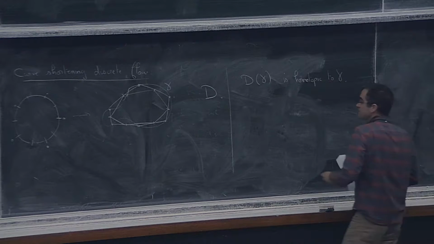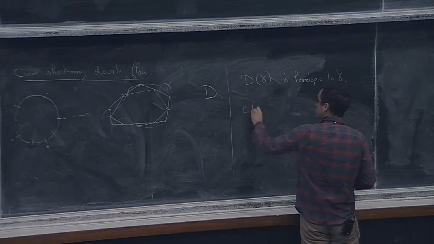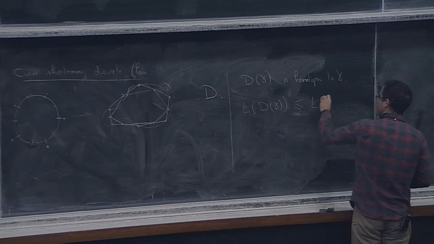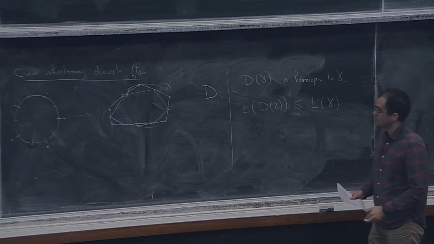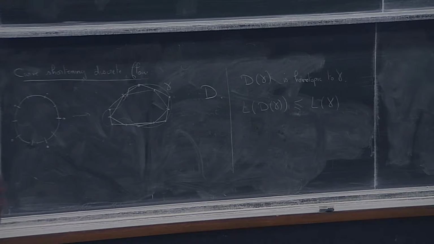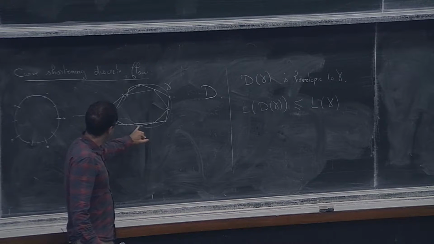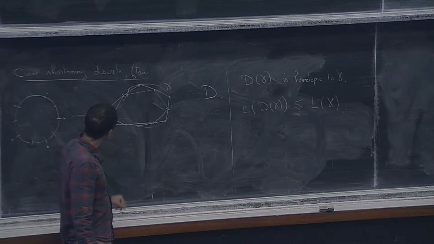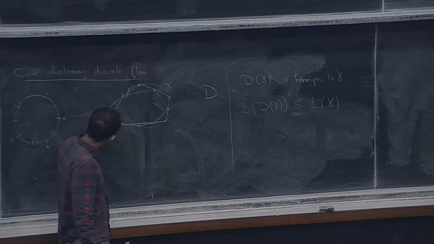The second point is that if you look at the length of D of gamma, it's less than the length of gamma. Because at each time you replace a curve by a geodesic, a shortest geodesic between 2 points. So this geodesic has length less than this one, and this geodesic has length less than this curve there.